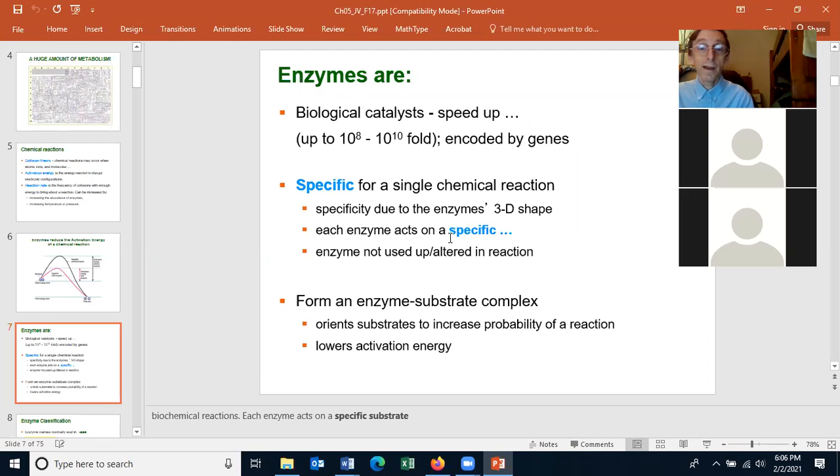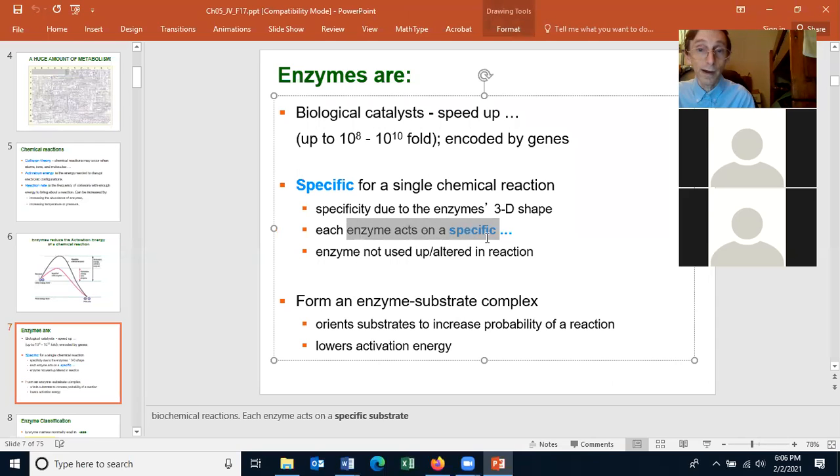Now that's not entirely true. Those of you who have worked with drugs know that we have some drugs that mimic a substrate. And so you can take this drug and instead of the enzyme binding to the substrate and converting it to the product, the enzyme will bind to the drug, and then the enzyme no longer makes the product, and that's why the drug works.